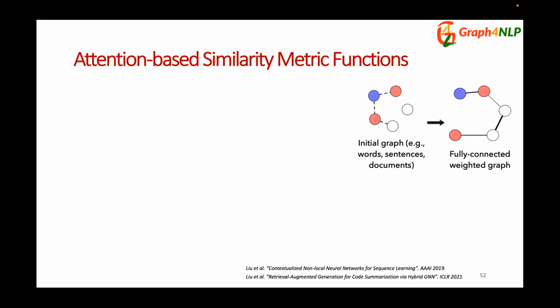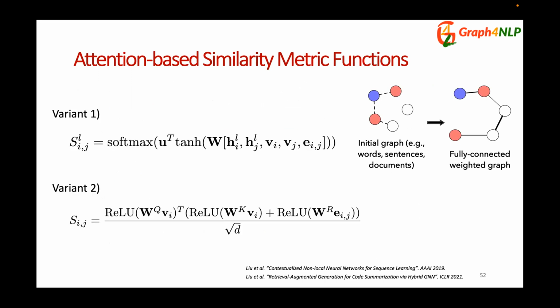Let's see two example metric functions in this category. In these two variants, an attention-based function is applied, and notably, the edge embedding of the intrinsic graph, e_ij here, plays an important role in learning the implicit graph structure.